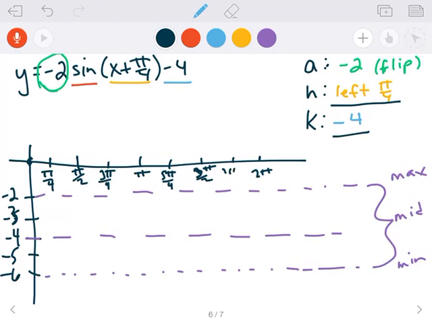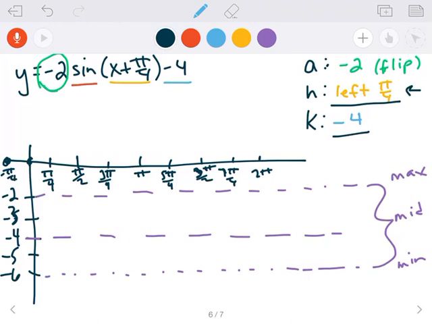Then we'd have 7 pi over 4. And then 8 pi over 4 is the same as 2 pi. And since we know that the whole graph is shifting left, we're going to go back 1 point, to -pi over 4. Okay, so that's what our x-axis is going to look like.